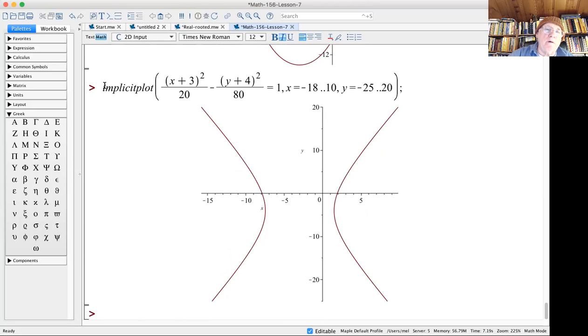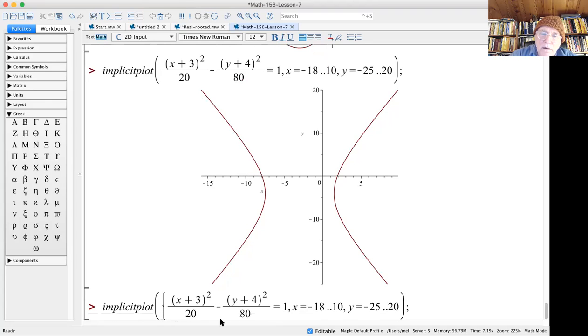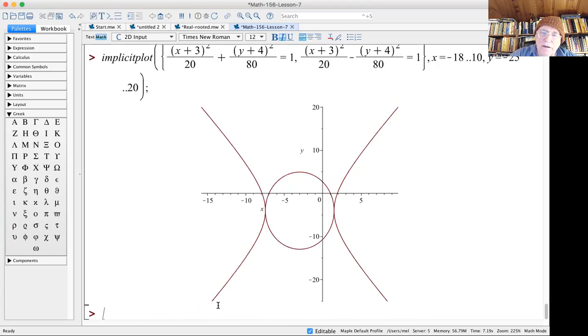Okay, and then what I want to do is plot the two curves together. So one of these has a plus sign and the other has a minus sign.